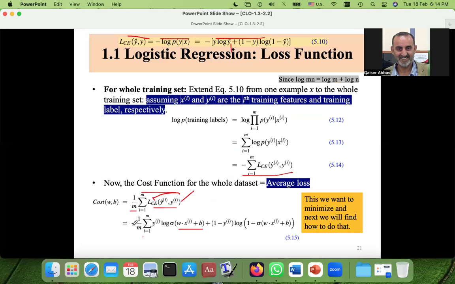Here we are introducing the minus sign back again, 1 over m, and then here y i. Wherever you have y, make it y i, and where you have y cap, replace it with sigmoid of w dot x plus b. And x is what? x i, because we already said we have multiple inputs x i, and multiple class decisions are also available in the data set, which is y i.